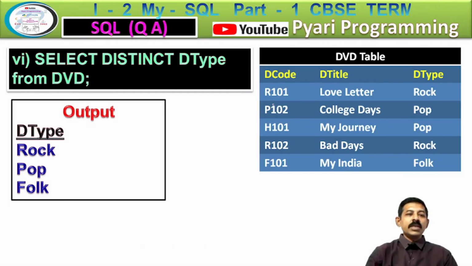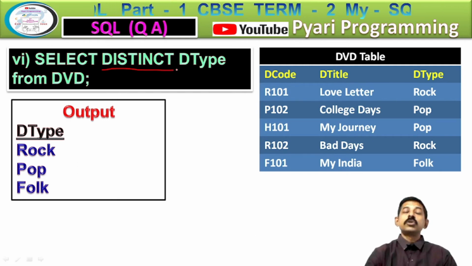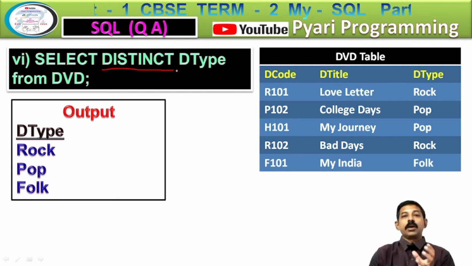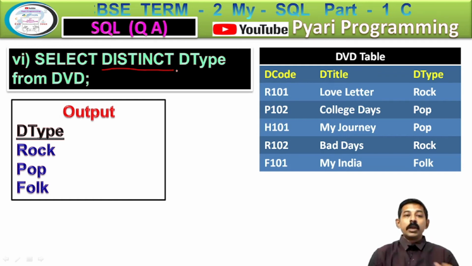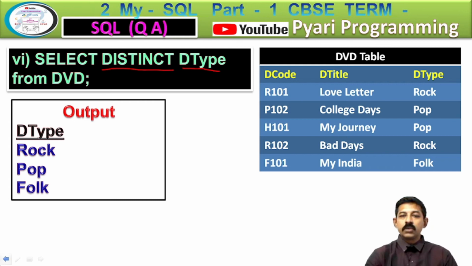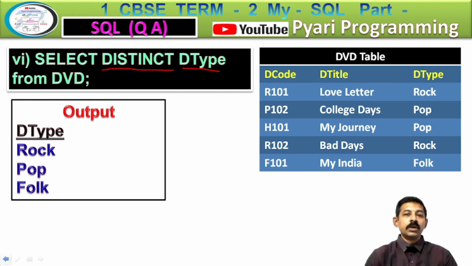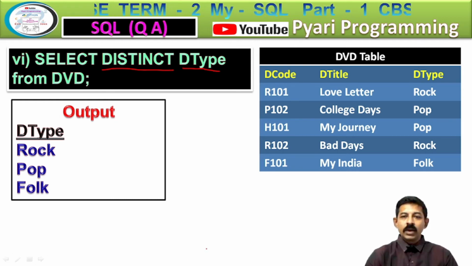Now the next query says select distinct. Distinct is a term which is used to find the unique records. The unique on which column? D type. So on this it wants to apply uniqueness, that is your D type, from the DVD table. Now let's find it out.